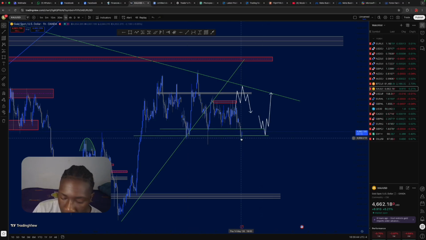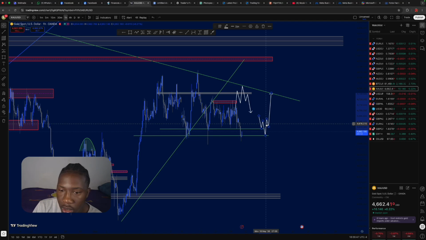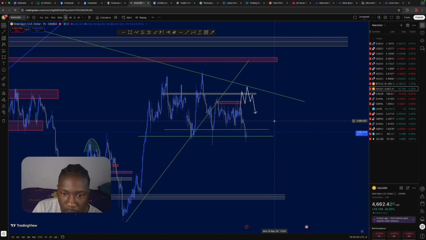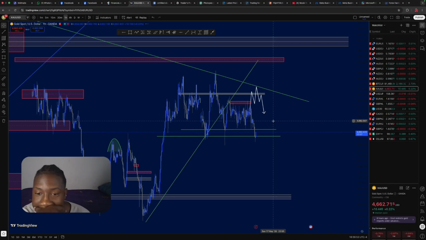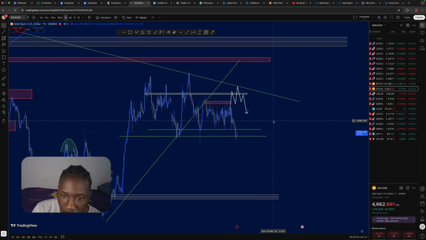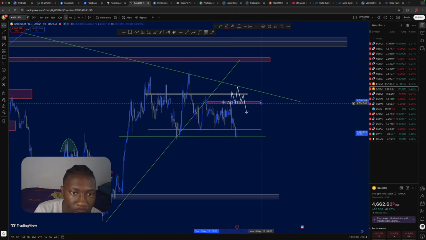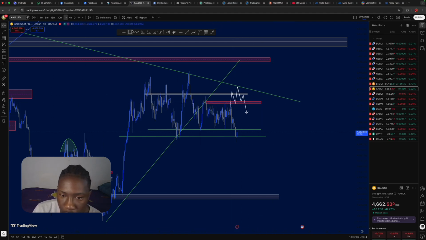So what we want right now, we want the market to move to the upside to reach this level, to reach that level, to clear all the liquidity above.